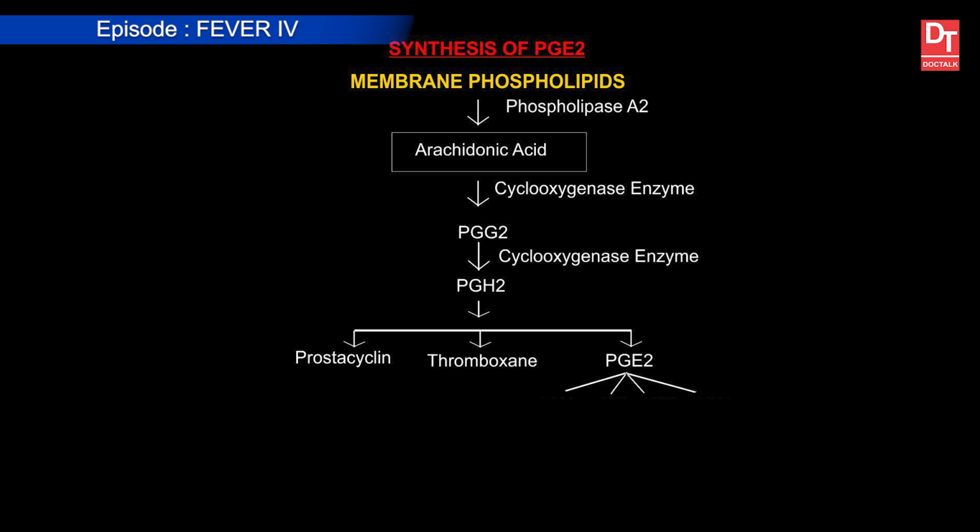Now, PGE2 acts on 4 receptors EP1, EP2, EP3, EP4. Now, if we see when PGE2 attaches with EP3, cyclic AMP production rises and it stimulates nerve endings in hypothalamus, or rather thermoregulation center of hypothalamus, producing fever.